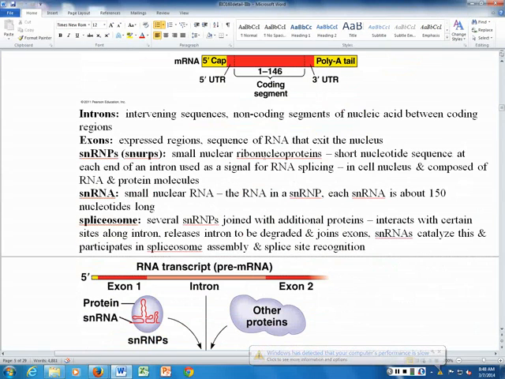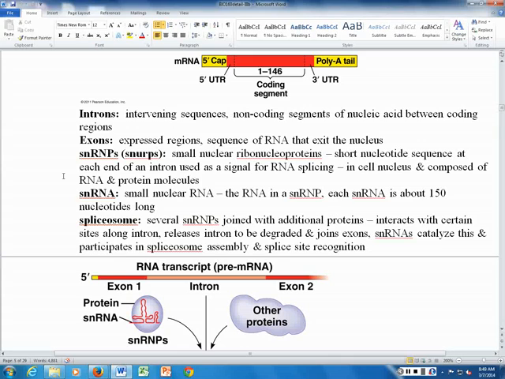So, of course, all of these little spaces between and how they hook got named. So we have the SNRPs, which are the small nuclear ribonucleoproteins, which are the nucleotide sequences at each end of the intron. So they're used as a signal for RNA splicing, so it knows when to splice.